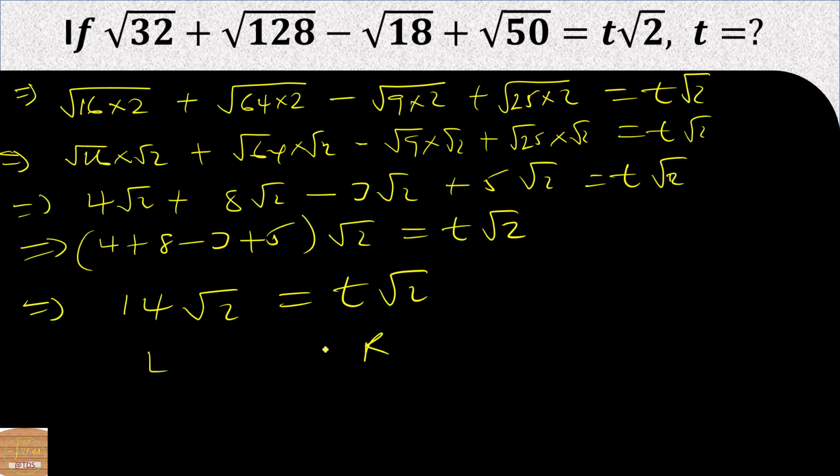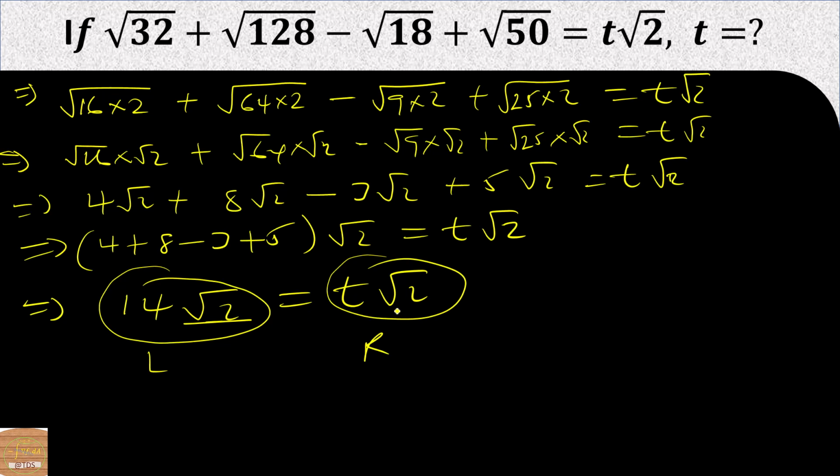All right, so let's compare the left hand side and the right hand side. So we have this one equals to this. Okay, so we have √2 here, √2 here. Therefore, we can conclude that t equals 14. Or we can also say 14√2 equals t√2.